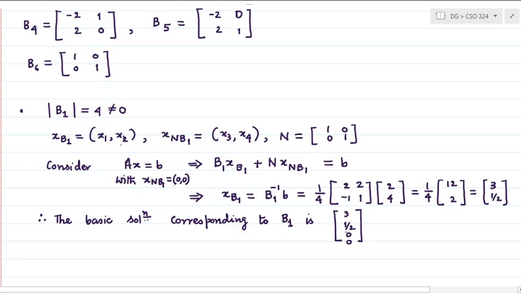So the basic variables are x1, x2, non-basic variables are x3 and x4. Fine. And therefore the basic solution corresponding to B1 is this solution 3, half, 0, 0.